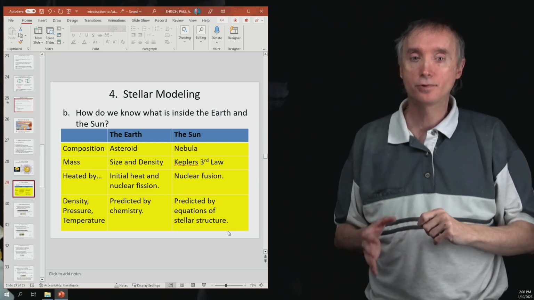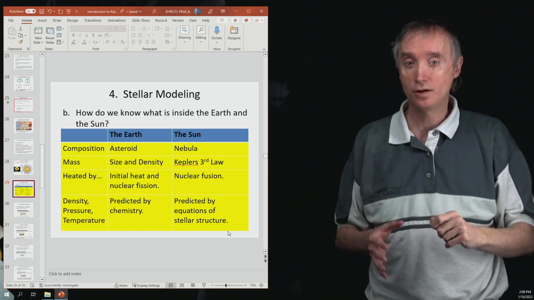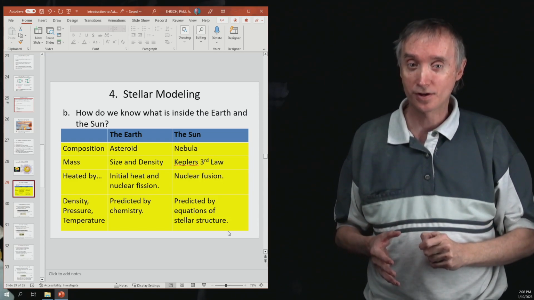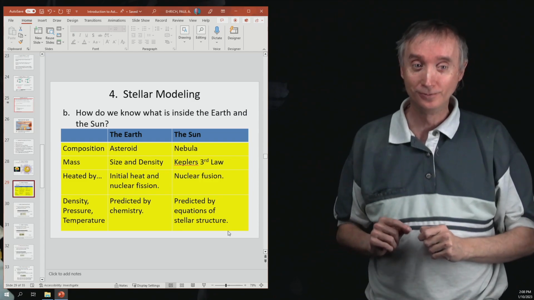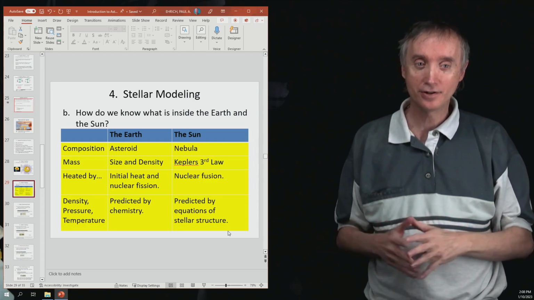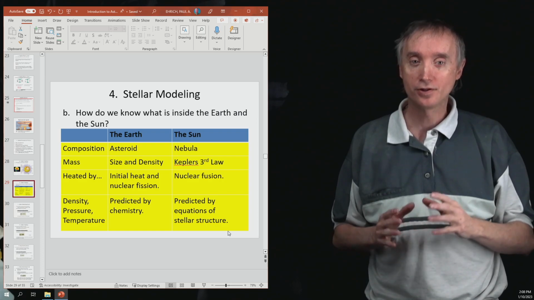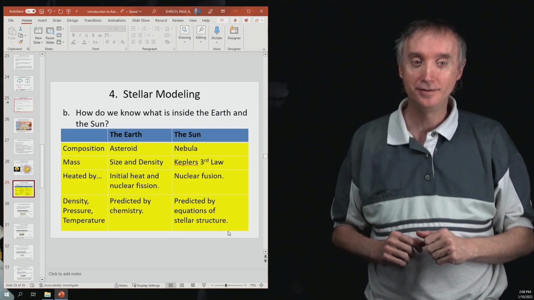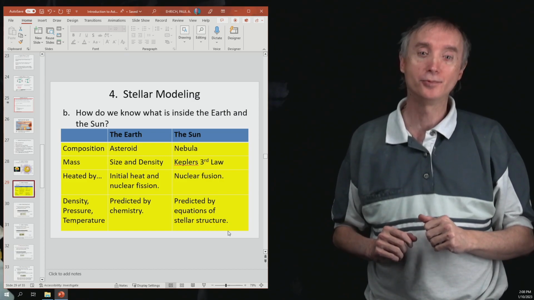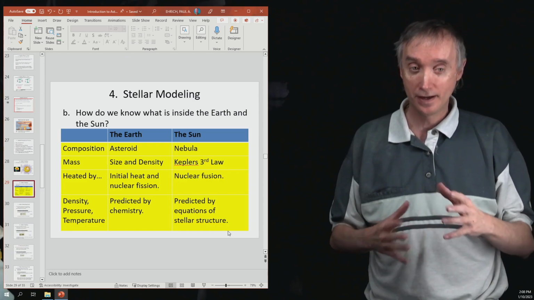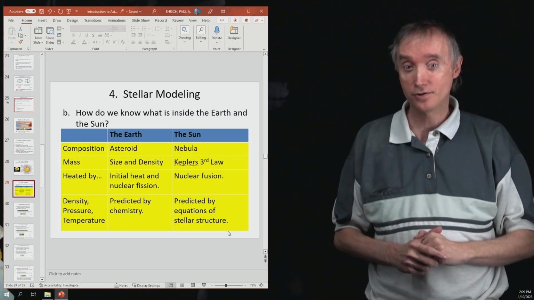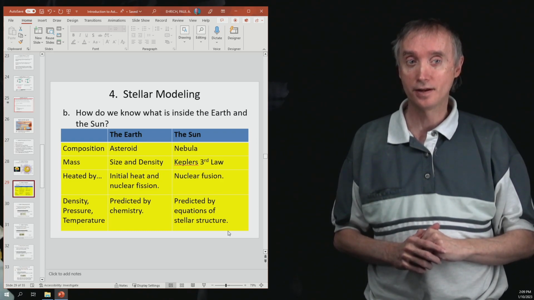And this is going to be predicted by what are called the equations of stellar structure, which I'm just going to show to you. We're not going to do any calculations with them, but I just want to show them to you so that you can believe with certainty that we're not making stuff up when we say that the inside of the sun has all these different layers. And so I will show you the equations of stellar structure in the next segment.